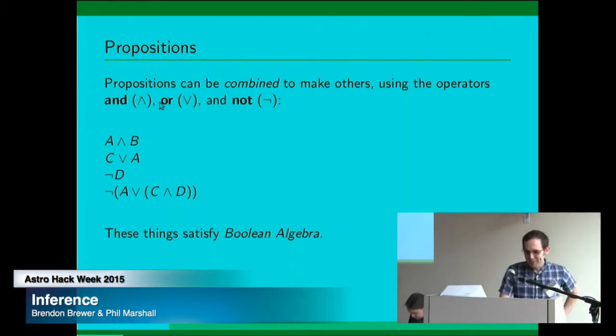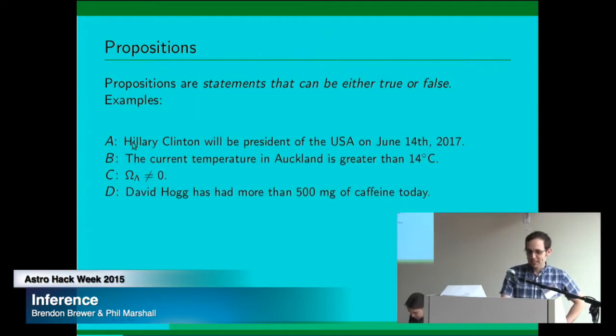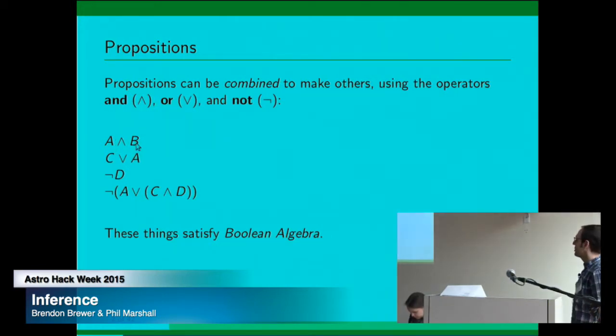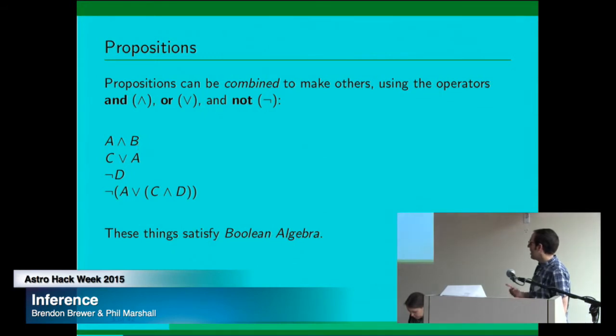If you had two propositions A and B, which could be anything, then A and B is defined as true if both A and B are true, and if either A or B is false, then A and B is false. This is just the standard logical stuff that you're used to. You can use or.